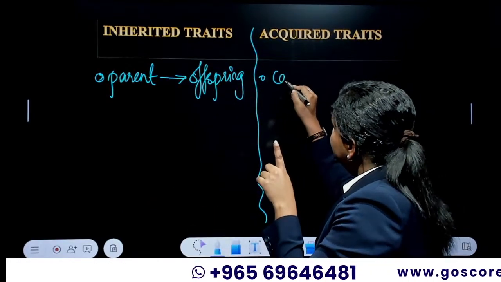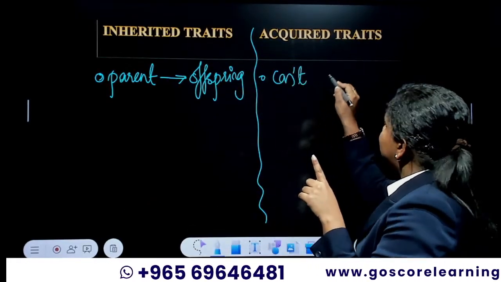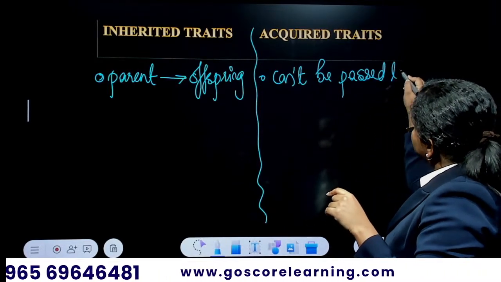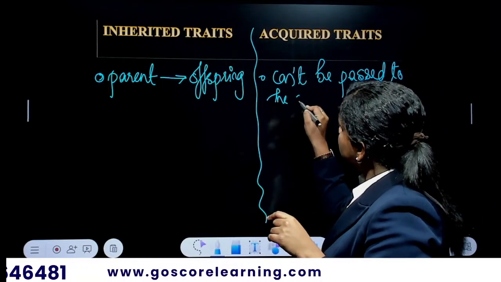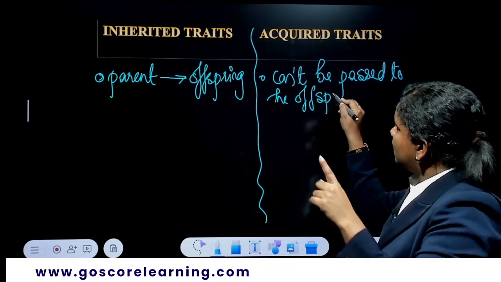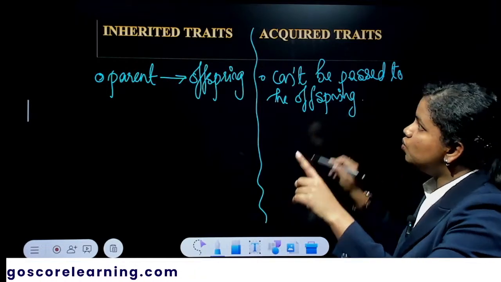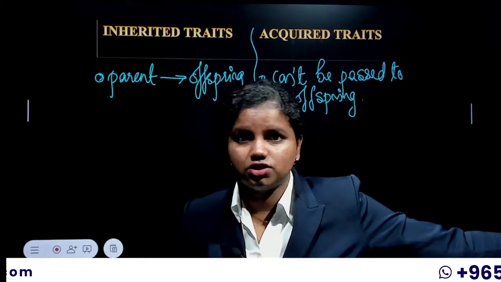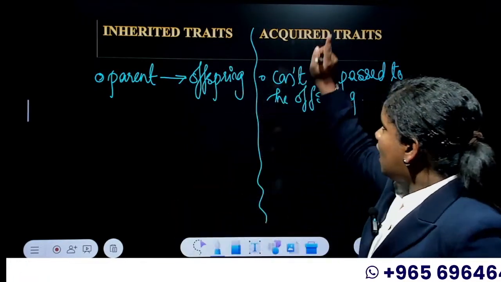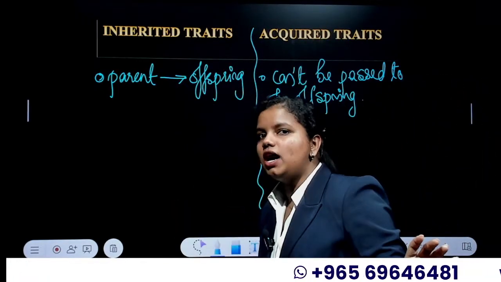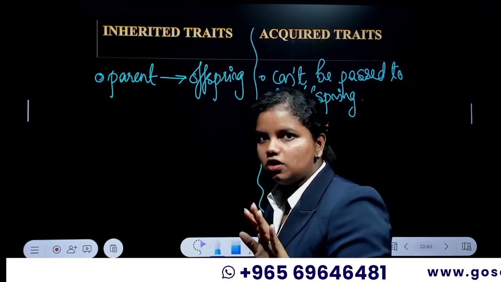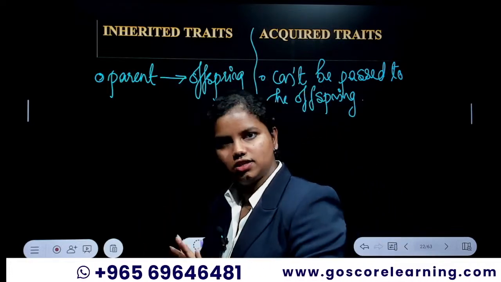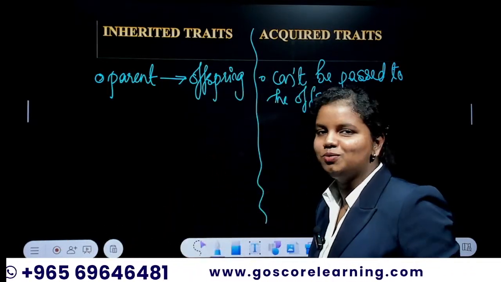It can't be passed to the offspring. But an inherited trait, you can carry it from a parent to an offspring, and the offspring can give it to the next offsprings. It keeps going. Acquired, you cannot pass it on through your genetics. If you have some character which is acquired, you keep it with you. That's it. End of the story. No more passing.